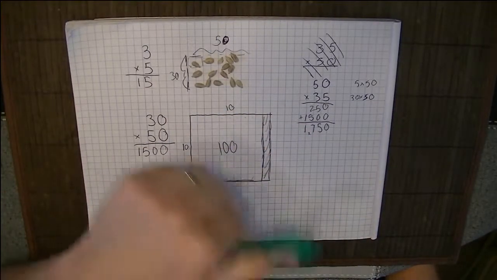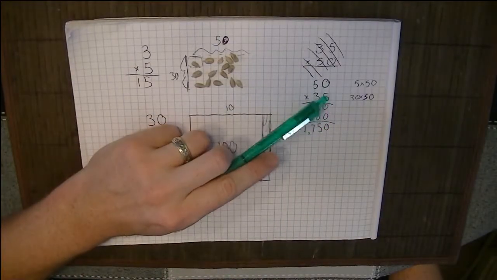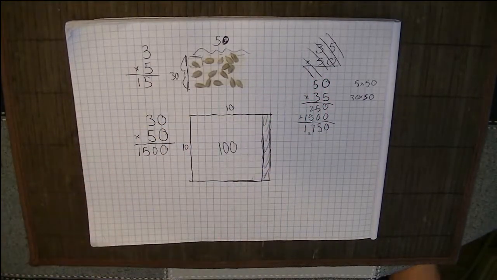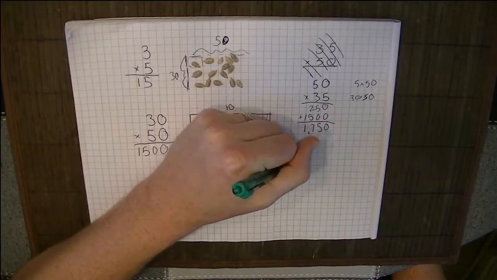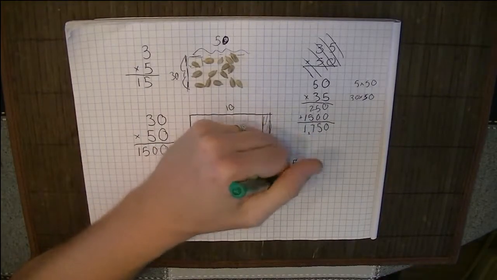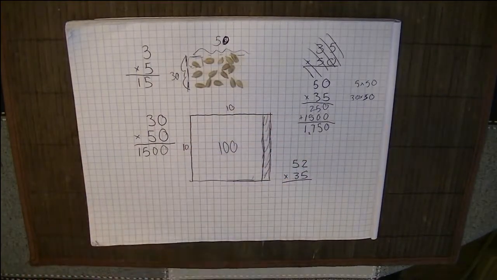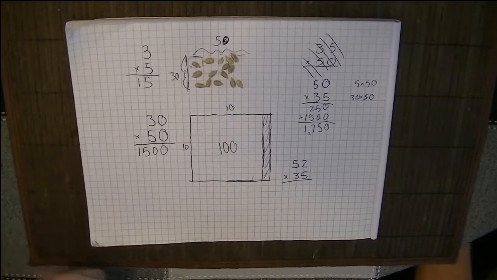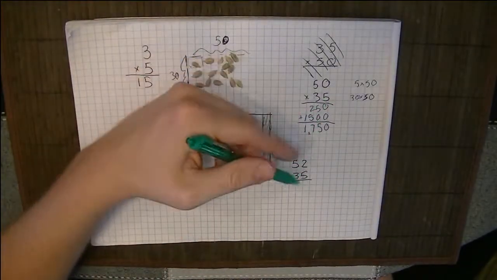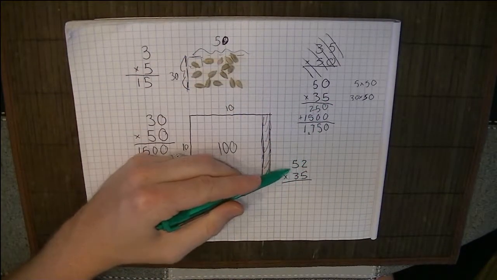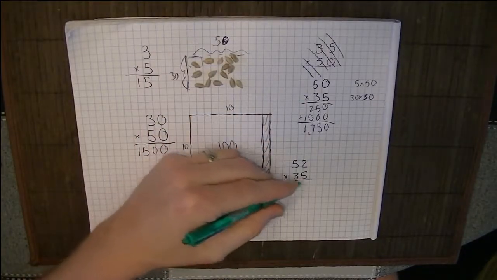So now, what if I had a number in the units column for 50? So let's say this is 52 times 35. We're going to do the same thing as before. I'm now going to say, okay, 5 times 52, that's going to be the number that goes here.